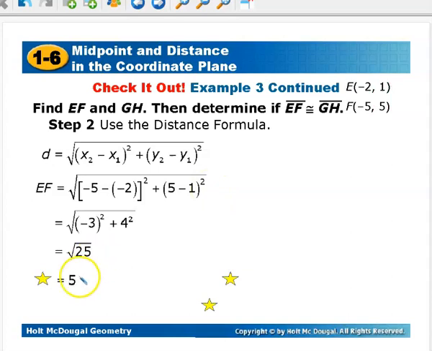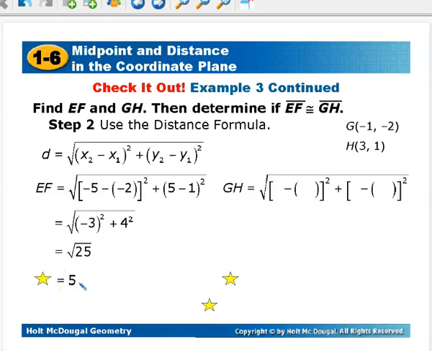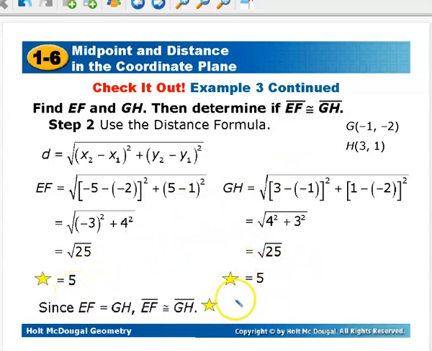Okay, again, look, we find that it's 5, just like the last one. Let's see if GH happens to be the same this time. Ha! The lengths of my two line segments are the same. They're equal, which means that the line segments are congruent.